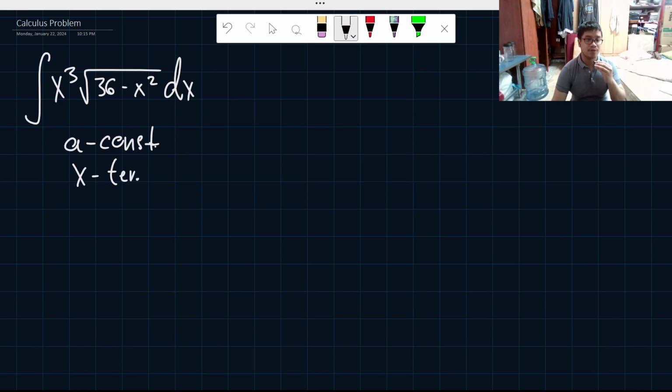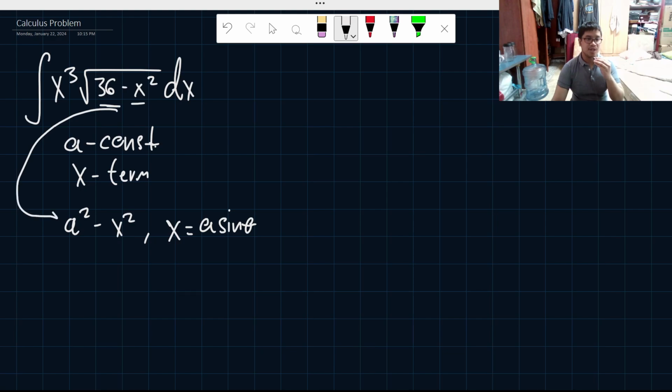If you encounter any problem that has a squared minus x squared, whether it's within the square root or there's no square root at all, then you will use this one, x equals a times sine theta. So in this case, we have x cubed and the square root of 36 minus x squared. Here, we can relate it to this pattern or form. So with that, we can use x equals a times sine theta.